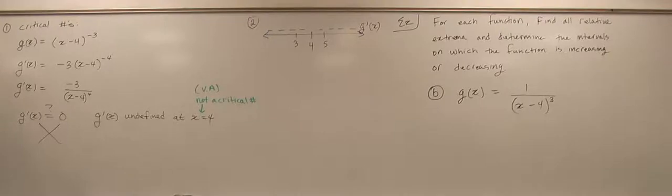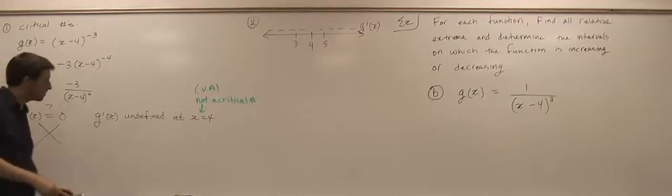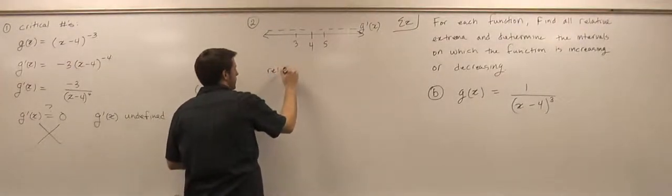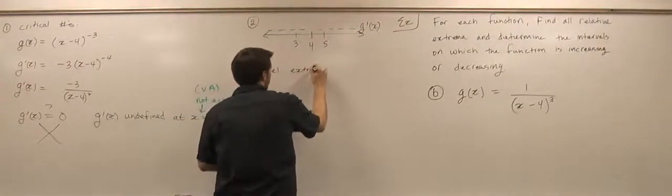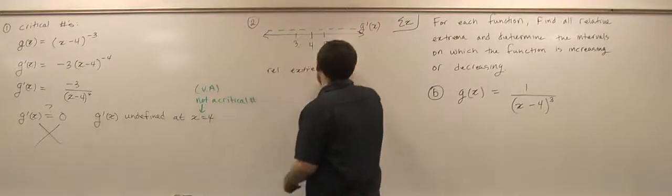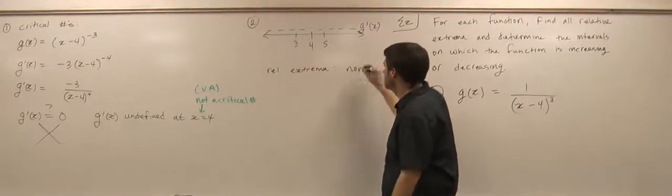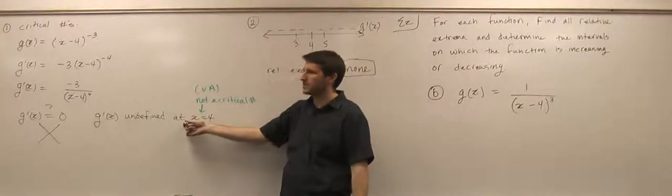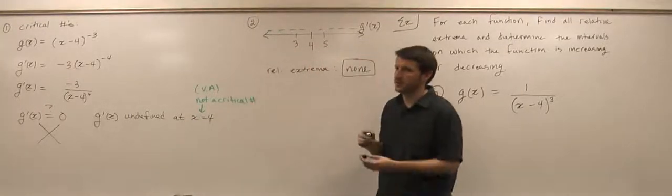So what's that tell me? You don't have a relative max or relative min. Are there any? No. None. The only possible place where you could have a relative max or min is actually a vertical asymptote.